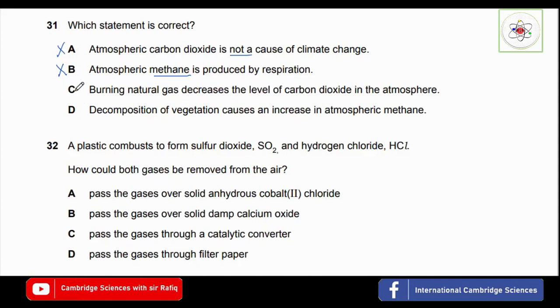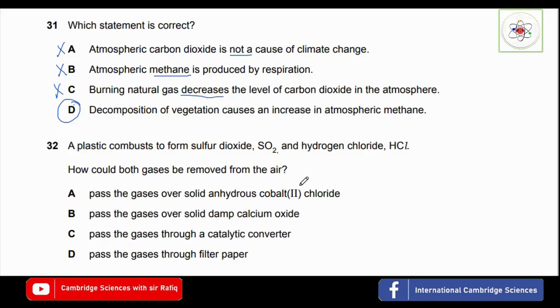Burning natural gas increases the level of carbon dioxide, because when you burn natural gas, carbon dioxide gas is produced, which escapes into the atmosphere, increasing its level. Decomposition of vegetation causes an increase in atmospheric methane. Yes, this is the correct statement, because decomposition of vegetation produces methane, which escapes into the atmosphere and increases the level of methane, right?